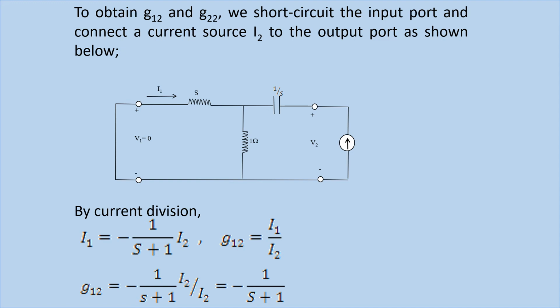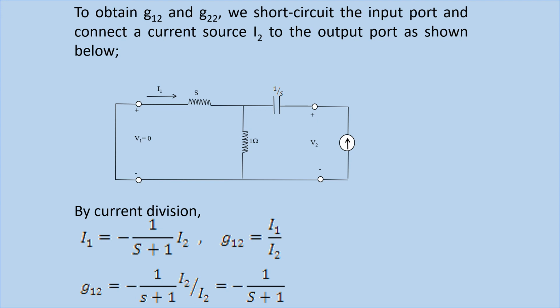A part of it flows into the 1 ohm resistor, another part flows into the S inductor, and the part that flows through the S inductor is represented by I1, but is flowing in the opposite direction. So by the current divider principle, we can calculate our I1, and that will give us minus, because it's flowing in the opposite direction, 1 over S plus 1 multiplied by the total current flowing in this circuit, which is I2. So substitute that into our formula.